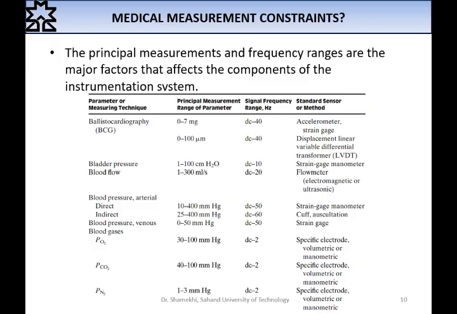I want to review all of these parameters, and I don't want you to keep all the values in your mind, but you should be aware about these values.